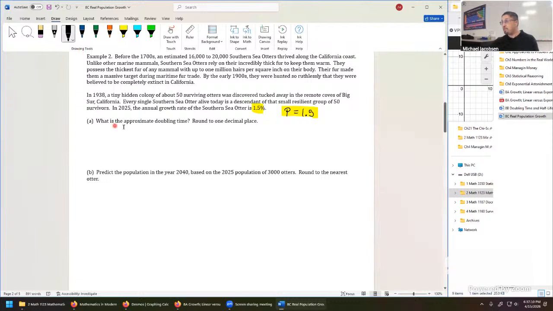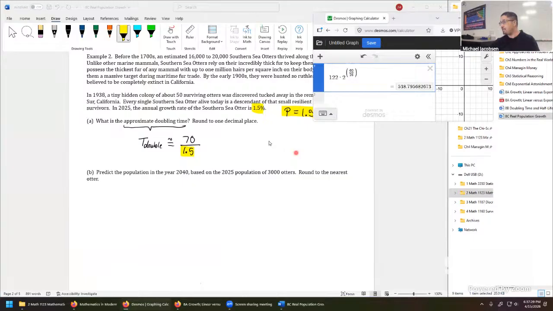And our approximate doubling time formula is indicating here that T double is approximately 70 divided by 1.5.